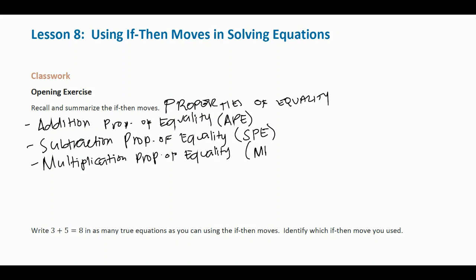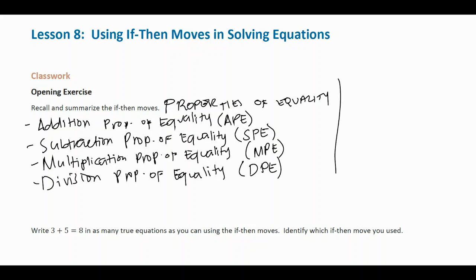So that is the one that is MPE. And of course, we have the division property of equality, wherein that is DPE.